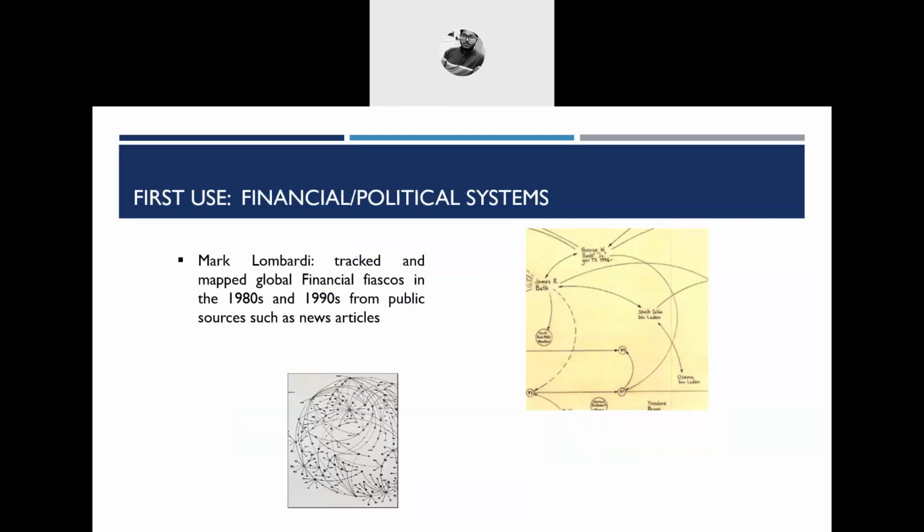Mark Lombardi was the first person to apply complex network theory to produce a network system to monitor financial fiascos, meaning financial fraud detection. They created a financial fraud detection system by applying complex networks. That was the first application.